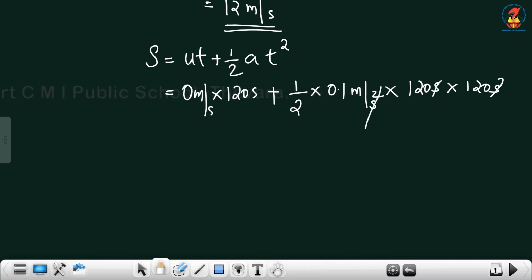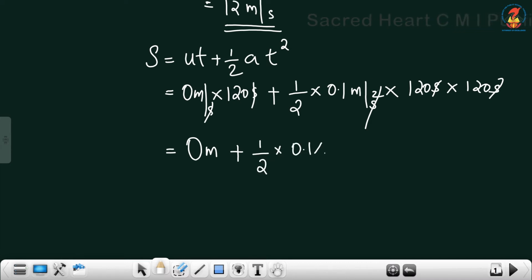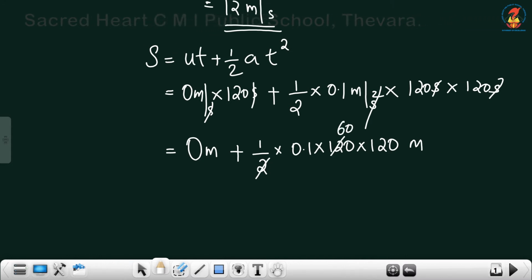So this second square and these 2 seconds will get cancelled. Now this one will get cancelled. So what is 0 into 120? 0. 0 meter plus, now 1 by 2 into 0.1 into 120 into 120 meter. Now 2 into 120, 2 will go 60 times.